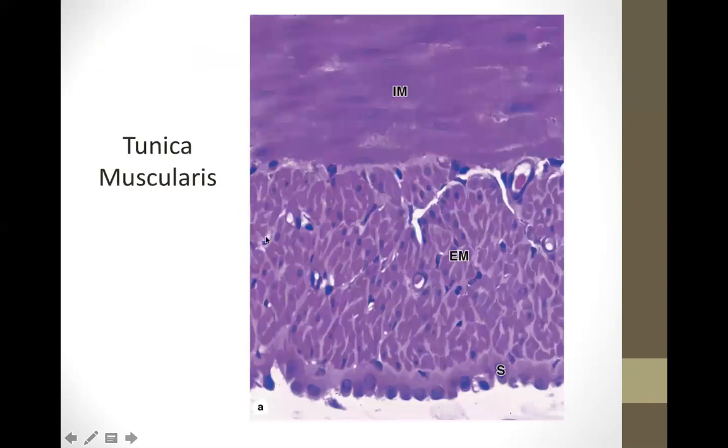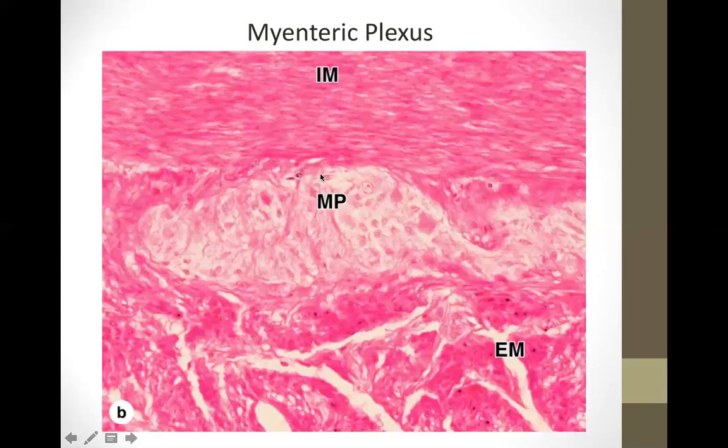So this is your tunica muscularis. You have your inner circular and outer longitudinal muscular layers. This is tunica serosa. And in between, this is actually a blood vessel, with blood still inside. But we can't find the myenteric or Auerbach's plexus in this slide. Ah, here it is.